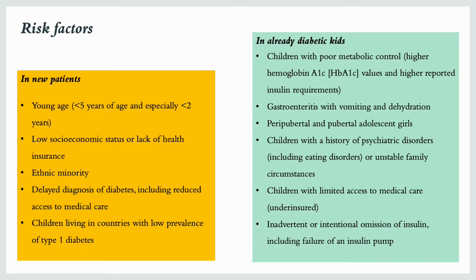Fourth is children with a history of psychiatric disorders, such as an eating disorder or unstable family circumstances. What happens in these situations? The children usually do not take insulin on time, and they will have poor glycemic control. Fifth will be children with limited access to medical care, and sixth will be inadvertent or intentional omission of insulin, including failure of insulin pump.